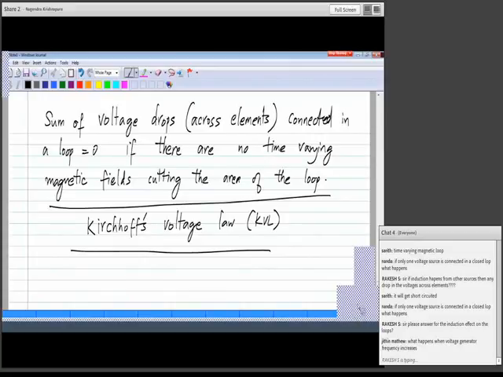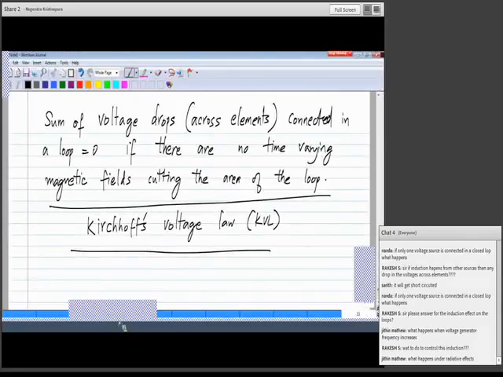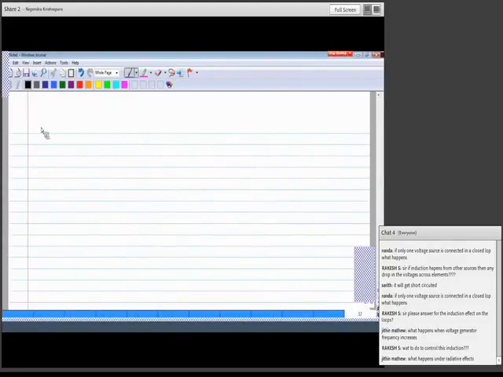So if you look at this, what I've done is to go this way. Okay. If I go in a clockwise loop, I always have minus first and plus next and so on. Okay, I'm always going in this direction, and then I sum all the voltages, it becomes zero.